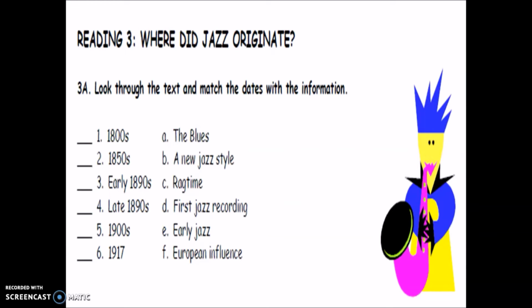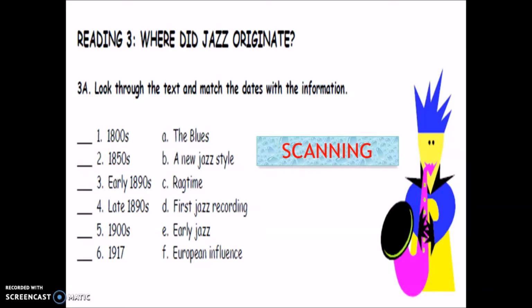Our first exercise will be exercise 3A. So we're going to look through the text and match the dates with the information. Here are the dates from 1 to 6, and here are the pieces of information given from A to F. As you know, we're not supposed to read the whole text.